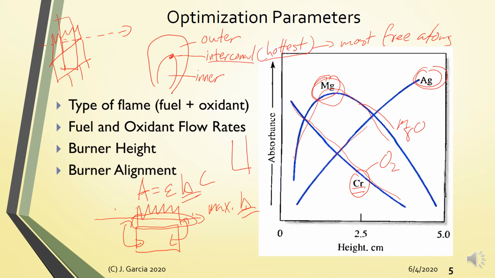Unlike here below, where your radiation interacts with the full length of the flame, here, since you tilted the burner head, you lower down your cell path length.